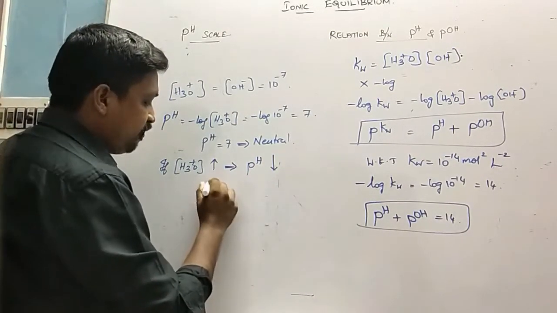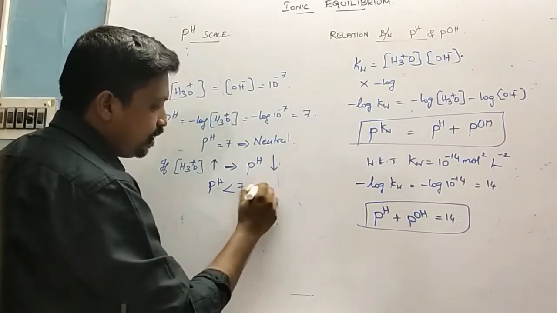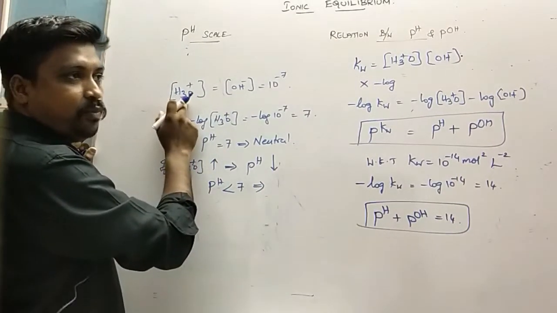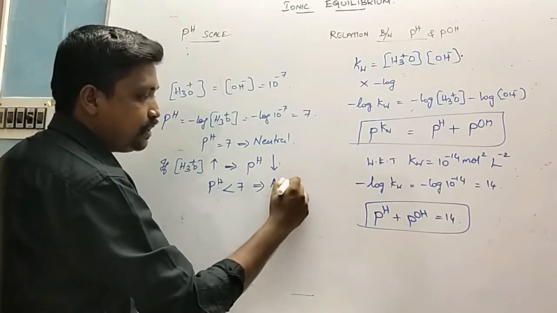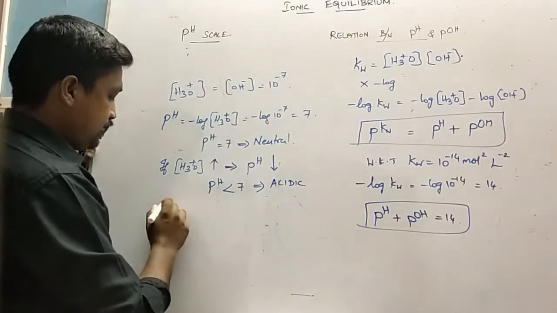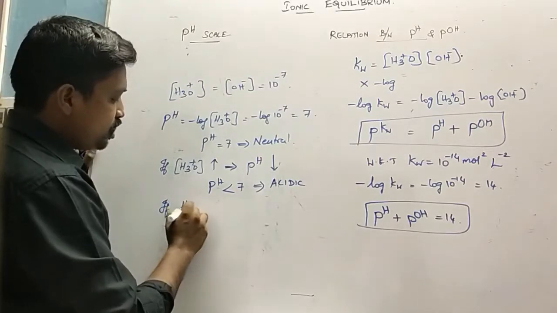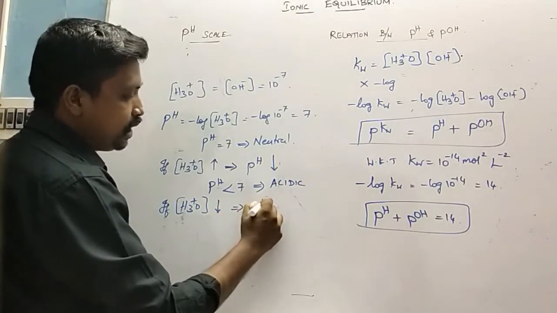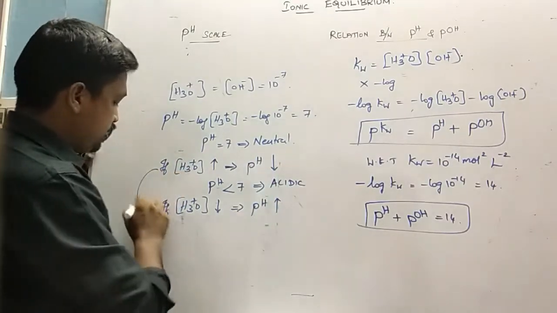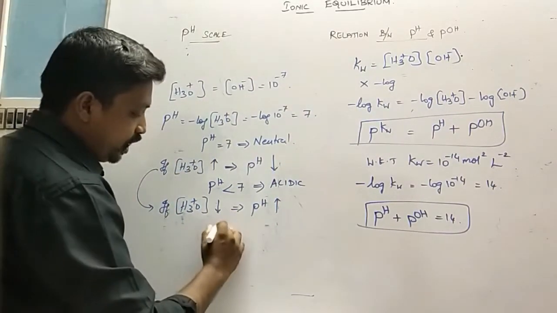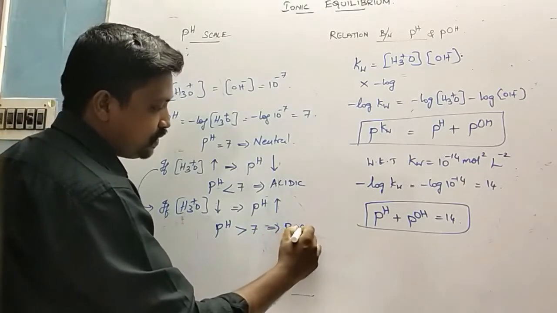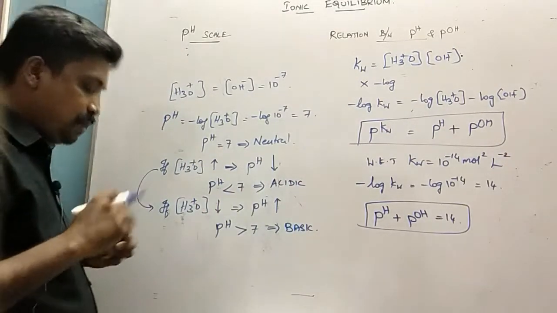So if pH is less than 7, those solutions have a higher concentration of H3O plus and are said to be acidic. Similarly, if the concentration of H3O plus decreases, then the pH value increases, just opposite to this. So if pH is greater than 7, the solutions are termed basic solutions.